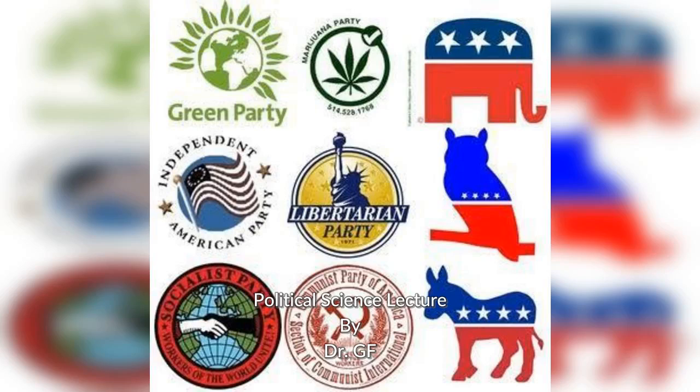The second party system, from 1828 to 1854. The second party system operated from about 1828 to 1854, following the splintering of the Democratic Republican Party.